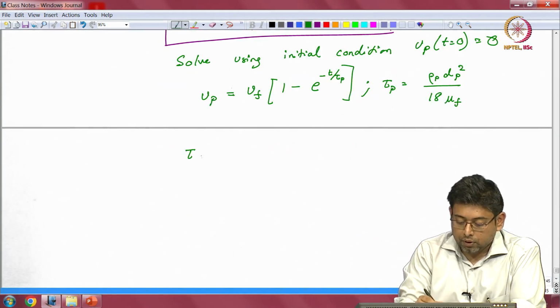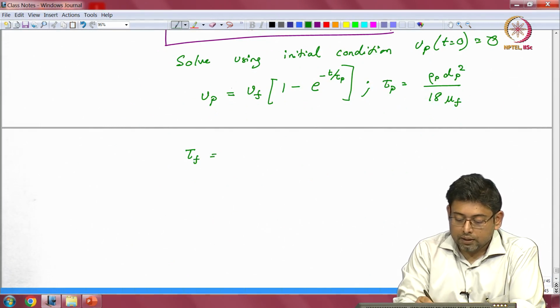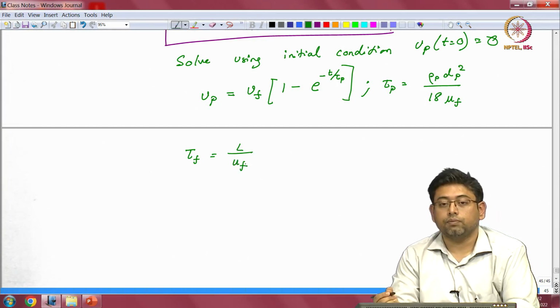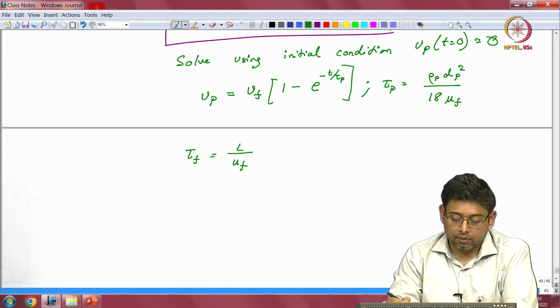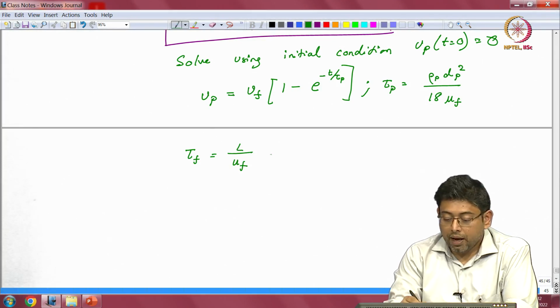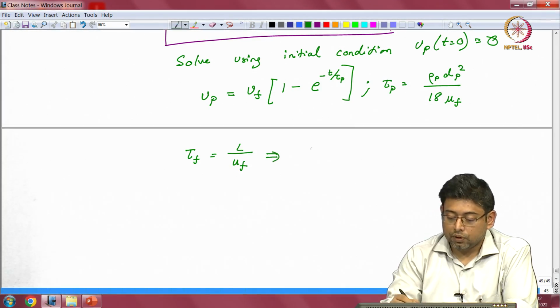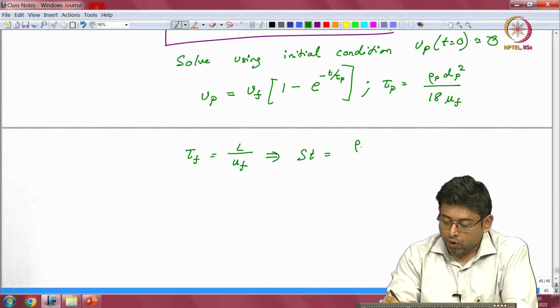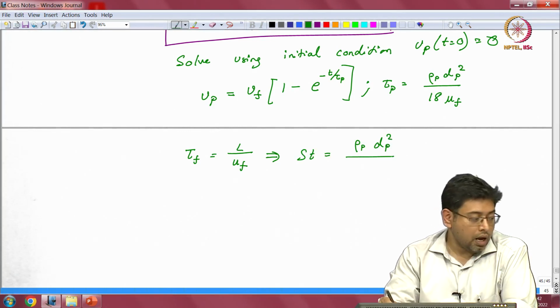The fluid response time scale, or tau f, is nothing but my length scale of the flow divided by the flow velocity scale. So if you combine these two, this gives me a Stokes number as rho p dp squared over 18 mu f L over U, and please correct me if I am wrong.